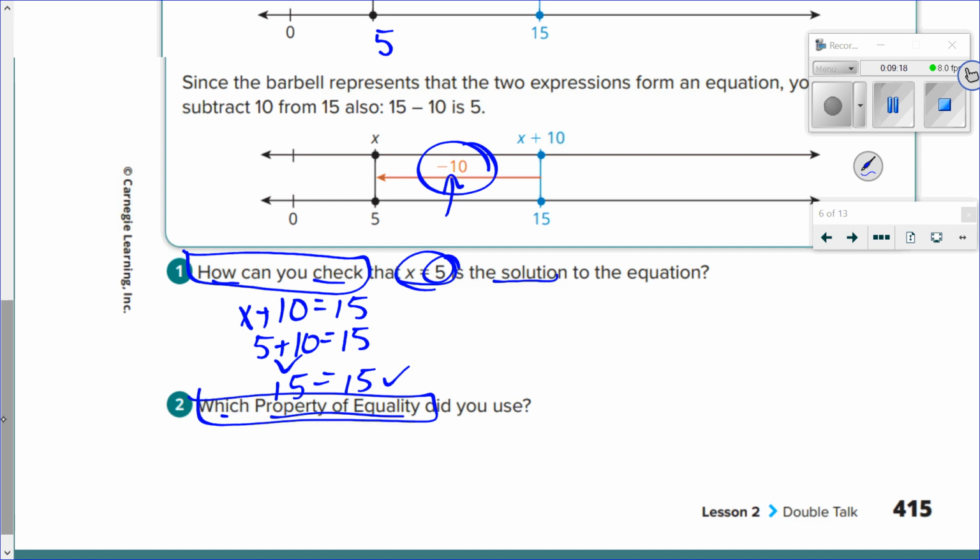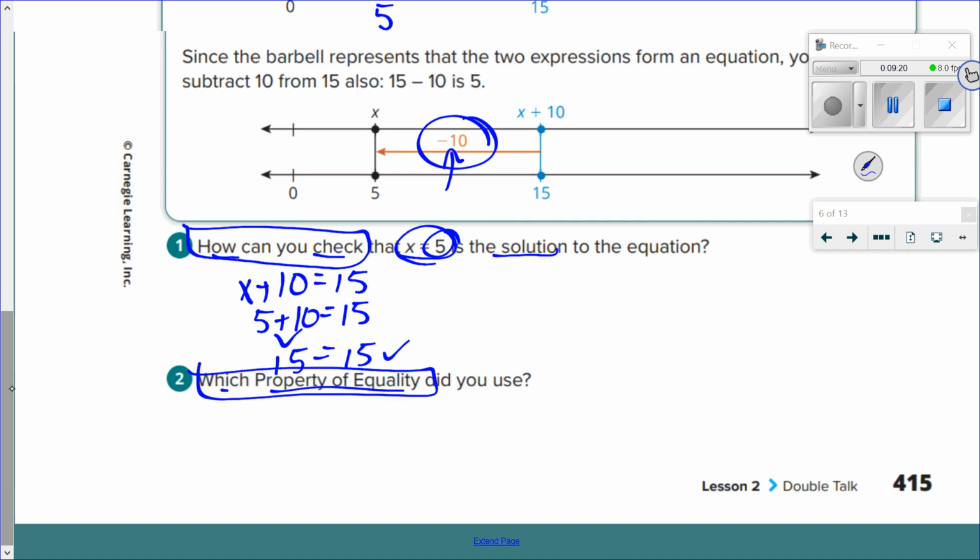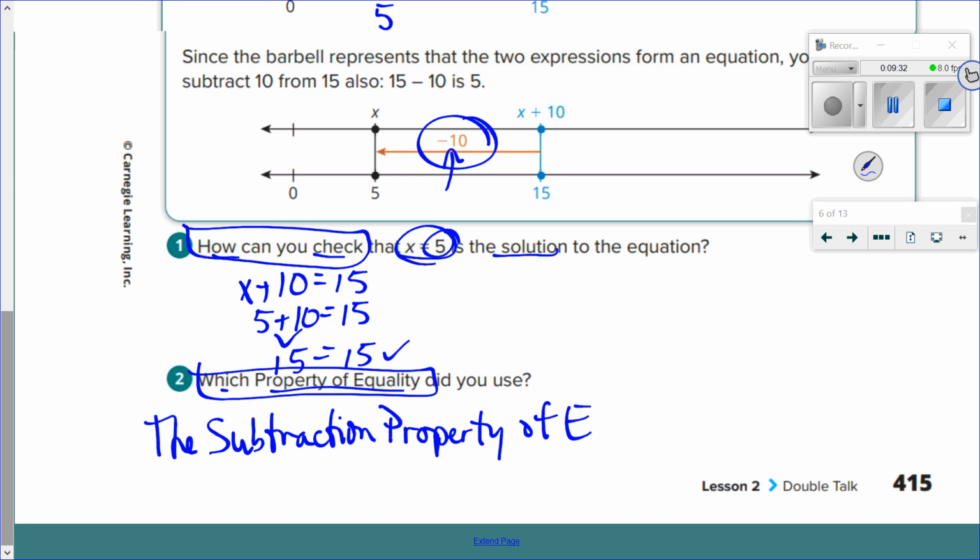So we used the subtraction property of equality. We subtracted that same amount, 10, from both the equation side and the answer side to get to the solution.